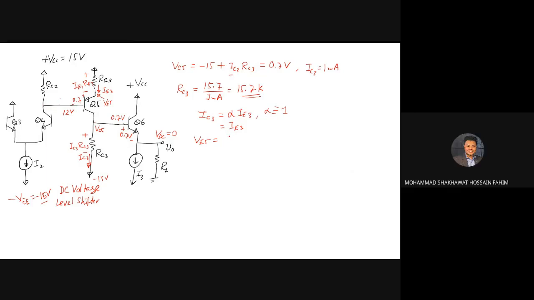VCC minus I1, no, the magnitude. How much will VE5 be?